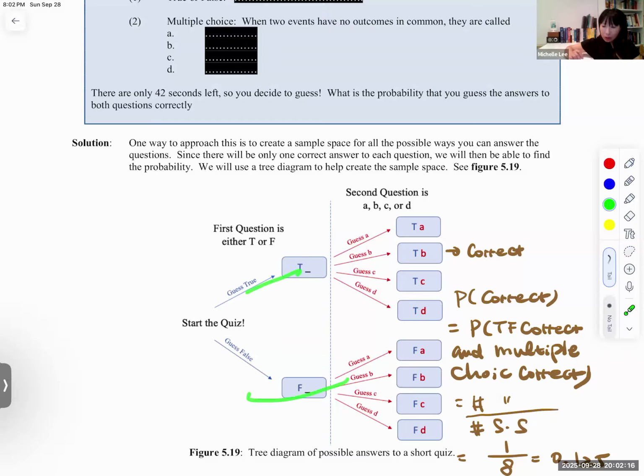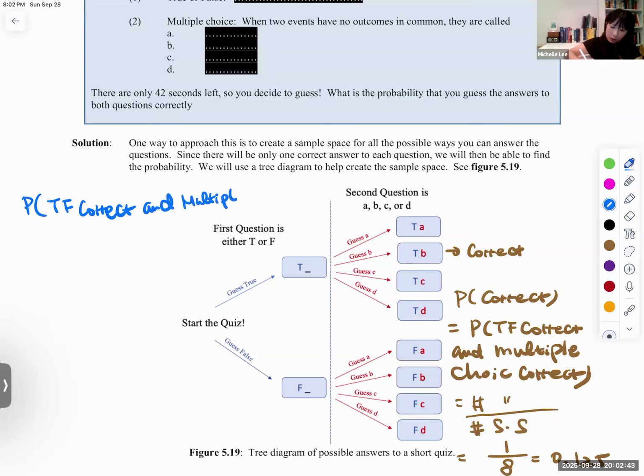Okay, now, this is a lot of work, right? Tree diagram. How do we make a shorter process to get the answer quickly, right? Okay, so let us do it this way. So we have true-false correct and multiple choice correct, right?